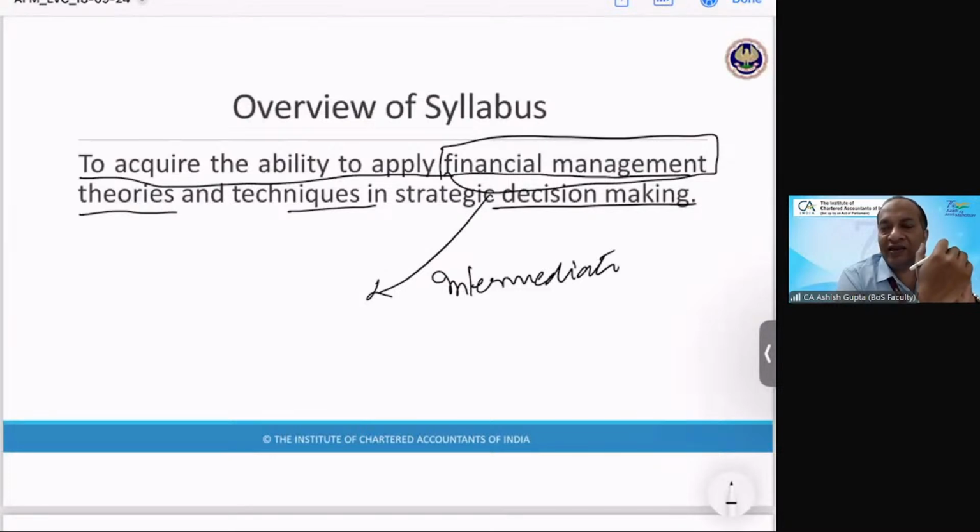Even working capital management, covered at intermediate level, will help you. So overall, we can say it is an advanced version of the financial management that we covered at intermediate level. Now here our purpose is strategic decision making, because once our level is escalated, we have to make the strategic decisions in the organization.